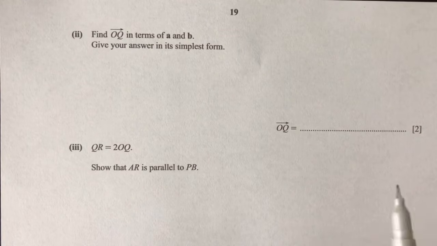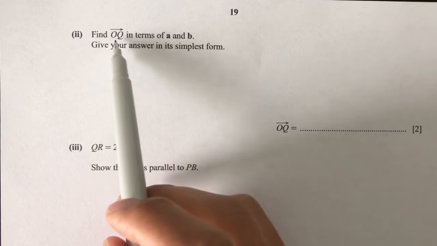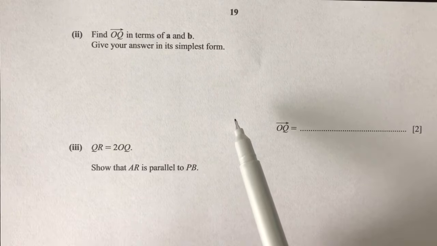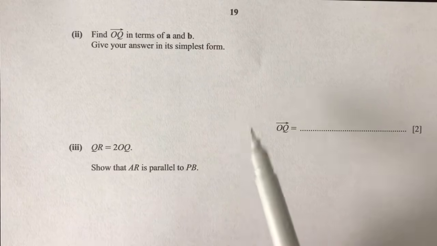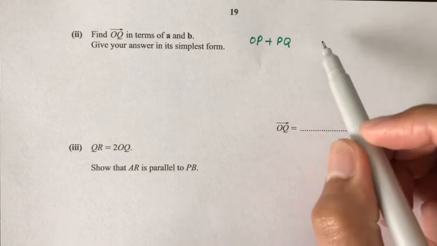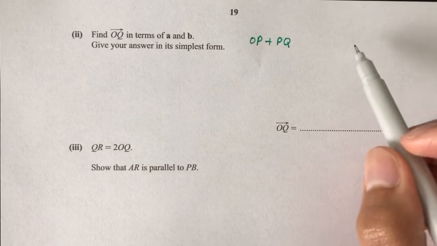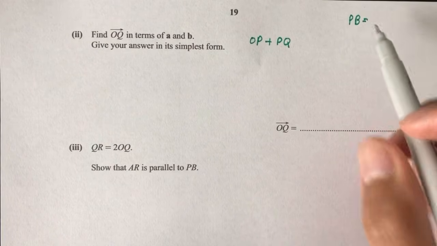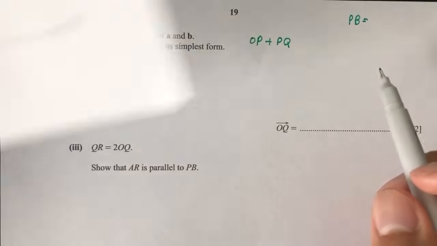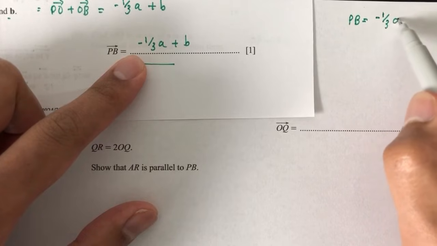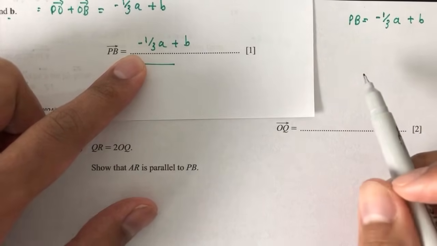Moving on to part B, part 2. Find OQ in terms of a and b. So from the diagram we can see that OQ is actually OP plus PQ. We know that PQ is half of PB. The value of PB, we found that in the first part, as you can see here. The value of PB is this, which is minus 1/3 a plus b.